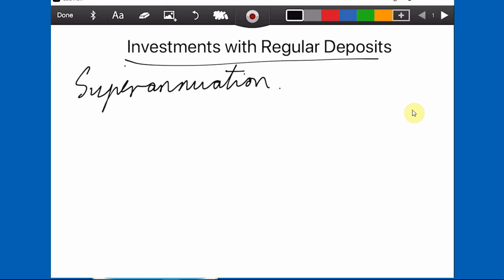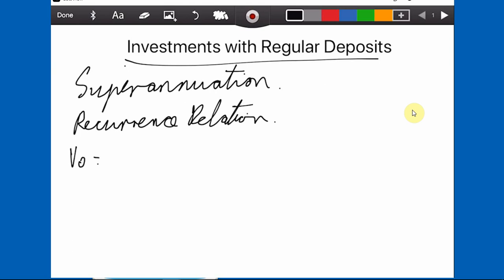We need to know what recurrence relations are. So let's have a look at the recurrence relation. Okay, so the recurrence relation, of course, we need somewhere to start. So that's the principal, V naught. How much gets put in at the start.